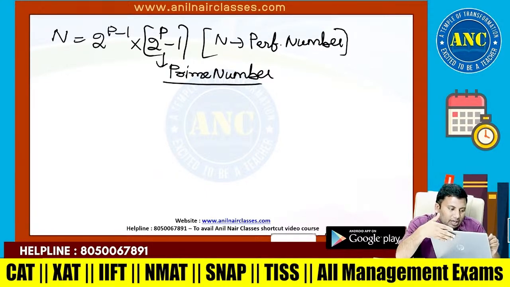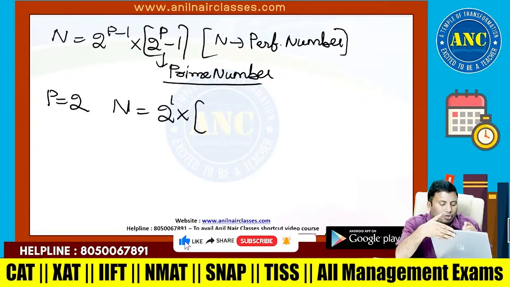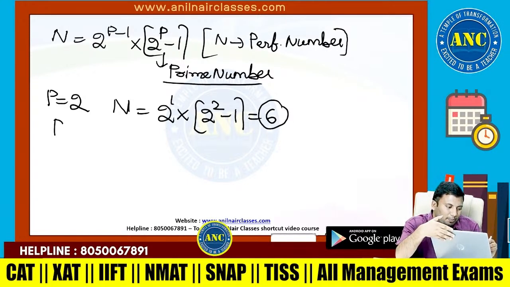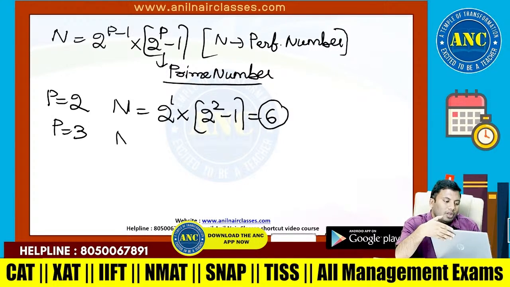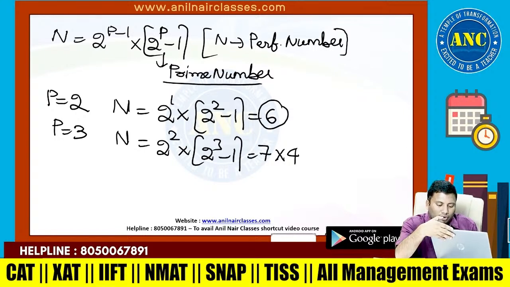Take an example. If p is 2, this will become n equals 2 power 1 into 2 square minus 1. 3 2s are 6. If p is 3, this will become 2 square into 2 cube minus 1. 8 minus 1 is 7. 7 4s are 28.